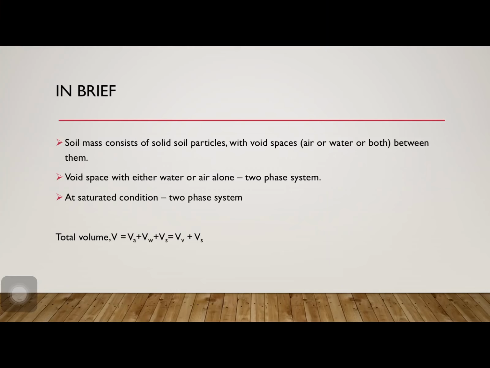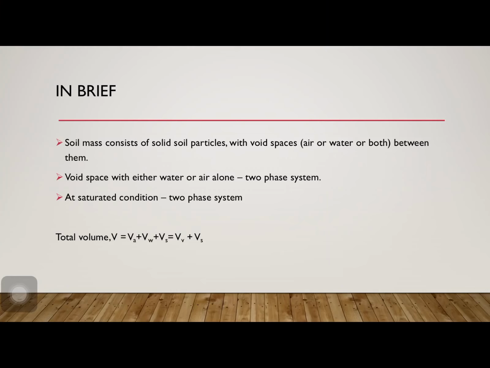So let's consider the total volume of the soil mass. We take it as volume of air plus volume of water plus volume of solids. In that, we consider volume of air plus volume of water as volume of voids.